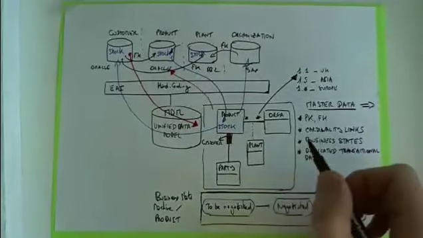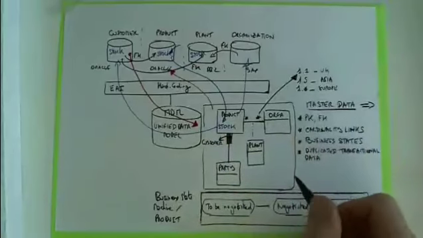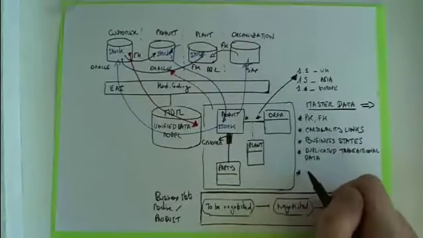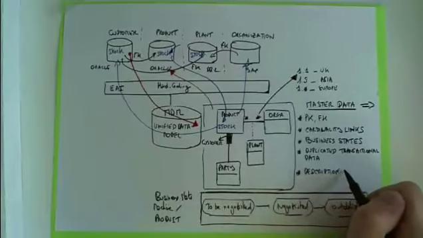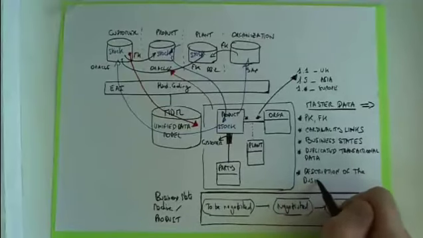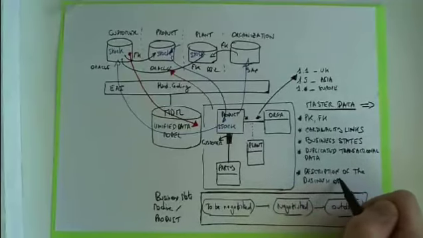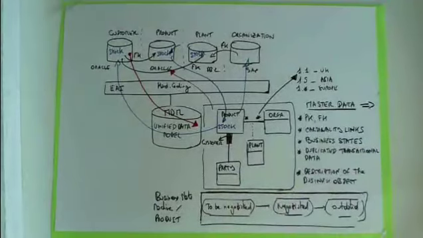And of course, amongst the list of the types of master data, we also have the description of the business objects we talked about. For example, the description of a product, the description of an organization, and so on.